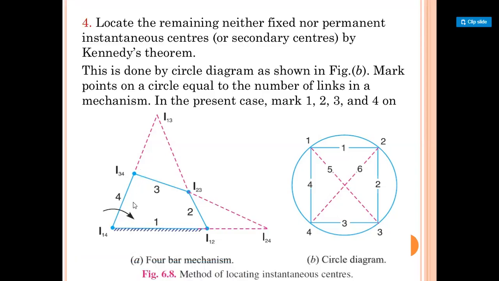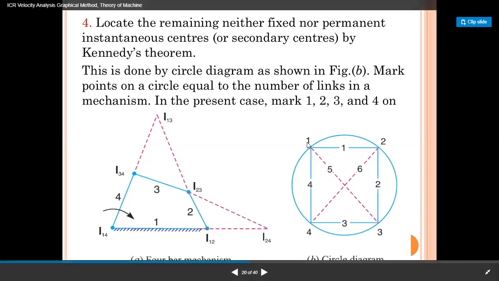But we have to find the instantaneous center by drawing or extending the lines of the links. Now, how do you extend? If I connect links 1 and 3, then I can find instantaneous center 5. And if I extend and connect links 2 and 4, then I can find instantaneous center 6.